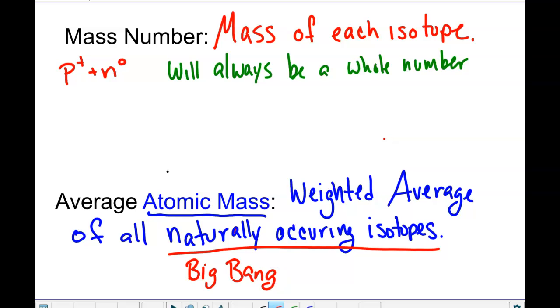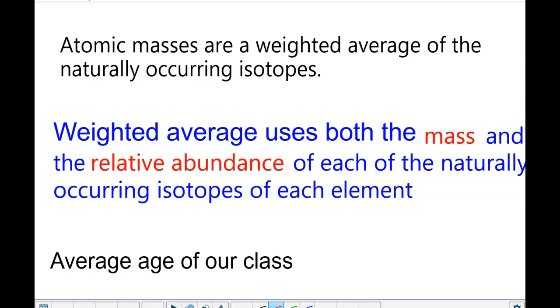So it's the weighted average. So what do we mean by weighted average? Atomic masses are the weighted average of the naturally occurring isotopes. You don't need to write that again if you already have that down. Weighted averages use both the mass and the relative abundance of each of the naturally occurring isotopes of each element.